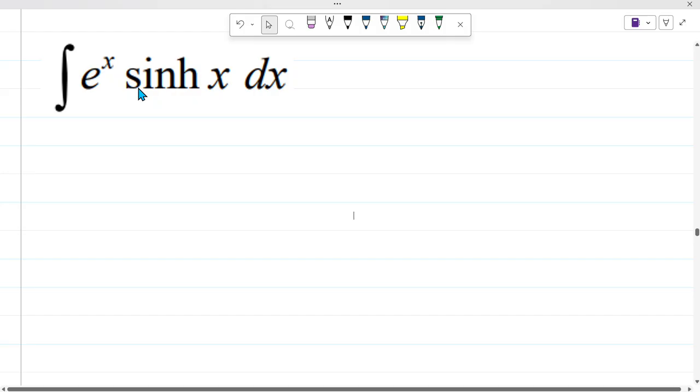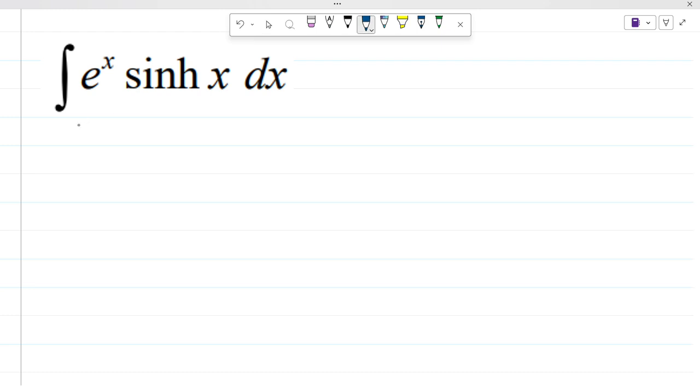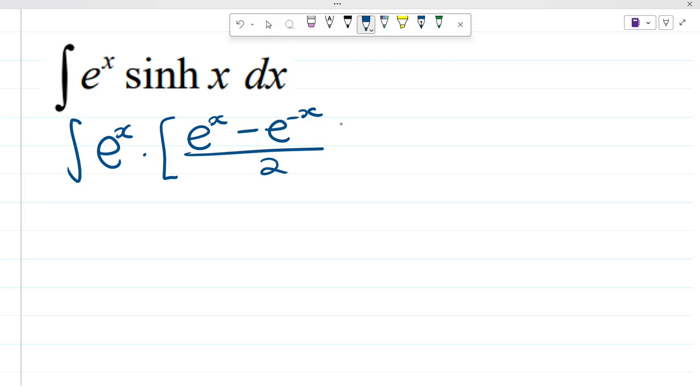What do we do? We change the hyperbolic function with its definition, okay? So this is going to be e to the power x multiplied by what? e to the power x minus e to the power negative x divided by 2 dx.